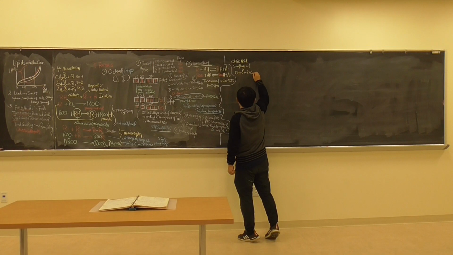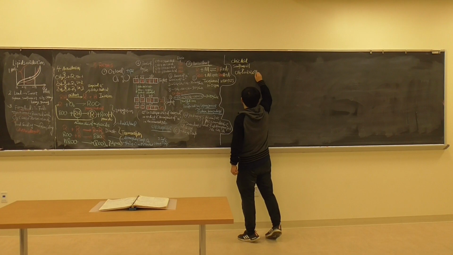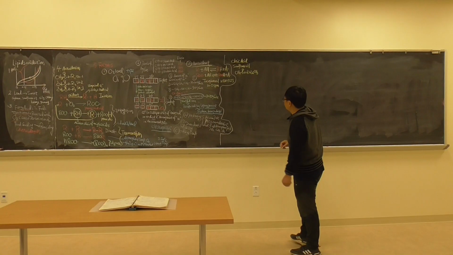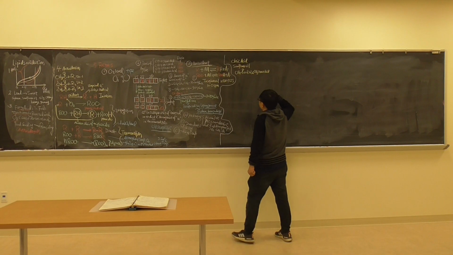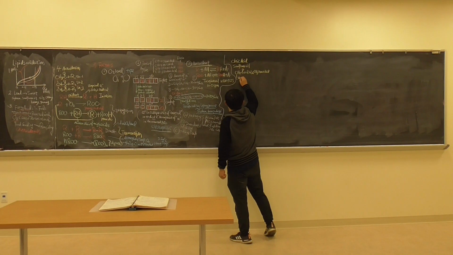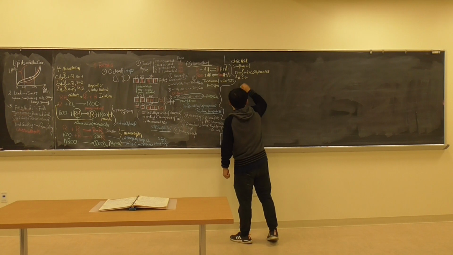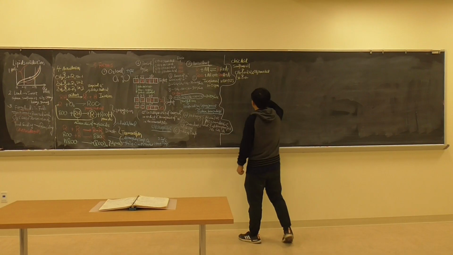CH2, 16, CH3. In the stereospecific number 1 position, this is stearic acid. That's SN1. SN2, what we're going to talk about is oleic acid.